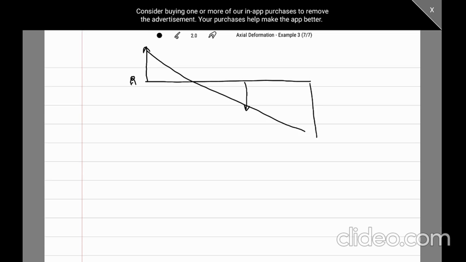So this is at point B, this is at point C. So basically we want to find VC here. So here is VA, here is VB. So how to find VC? Basically we use triangle ratio.